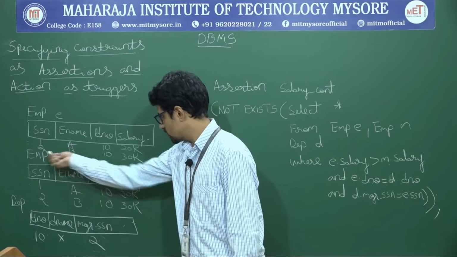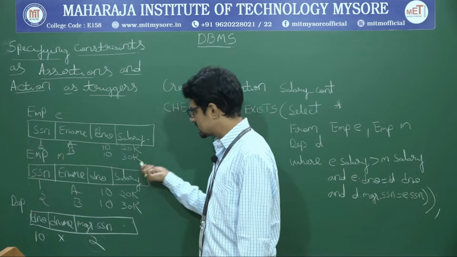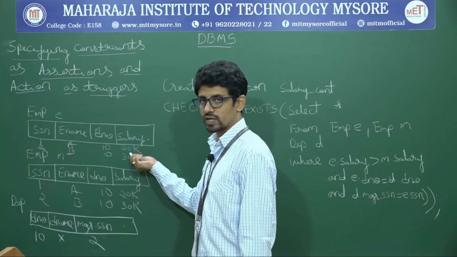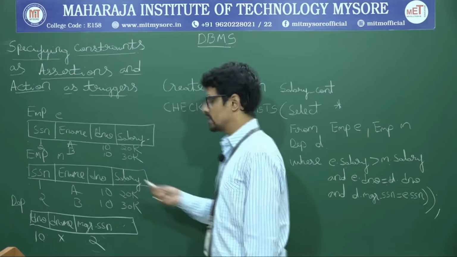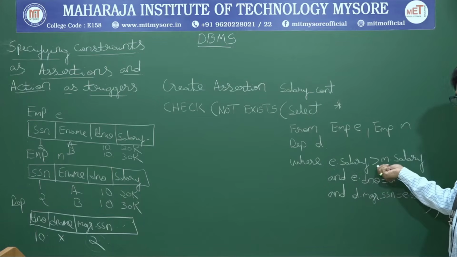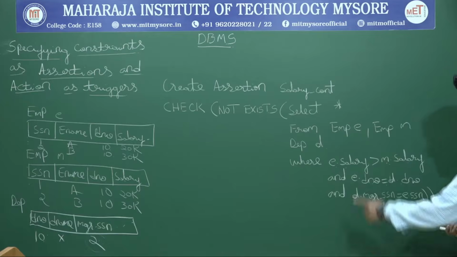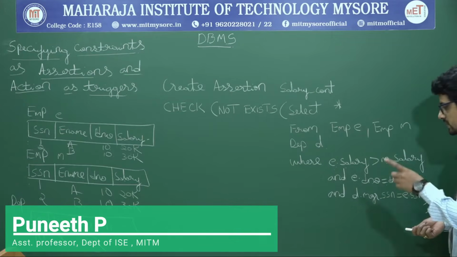Okay, 2's salary is how much? 30k. Now whether the 30k is less than, okay, the salary of an employee who is working in the same department number. You see that? E dot salary is greater than M dot salary. The employee salary of right now, which department number are we pointing to? Department number 10.